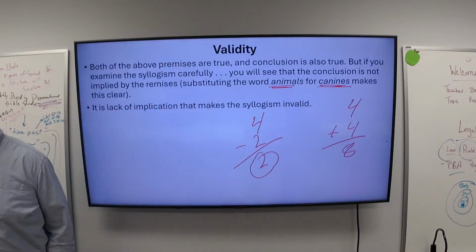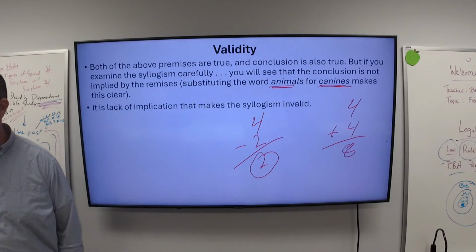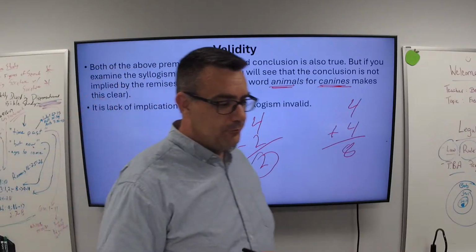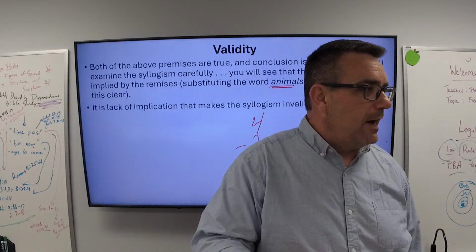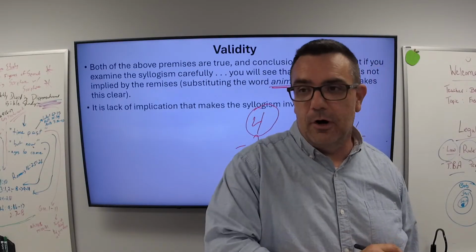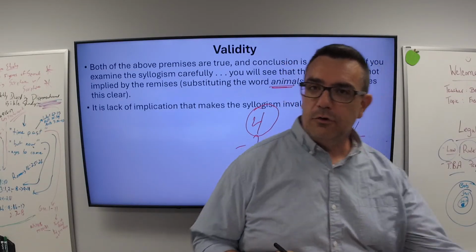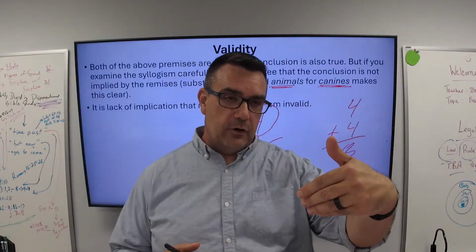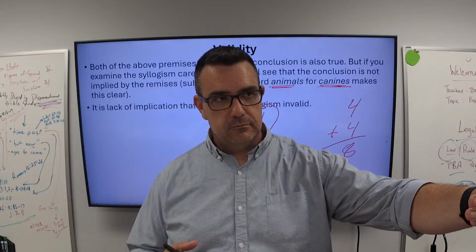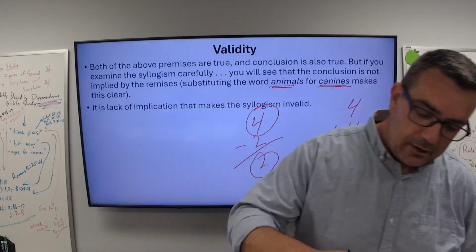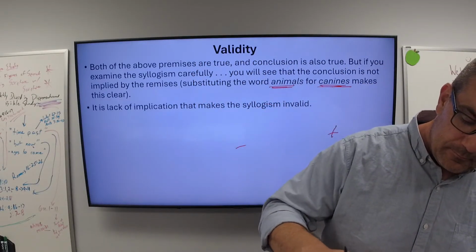What do they teach you about how to check that? Just go backwards. I took 2 away from 4, so if I add 2 back to 2, I should have what? 4. So what we're talking about here in flipping these terms is a way to check the accuracy of a syllogism.